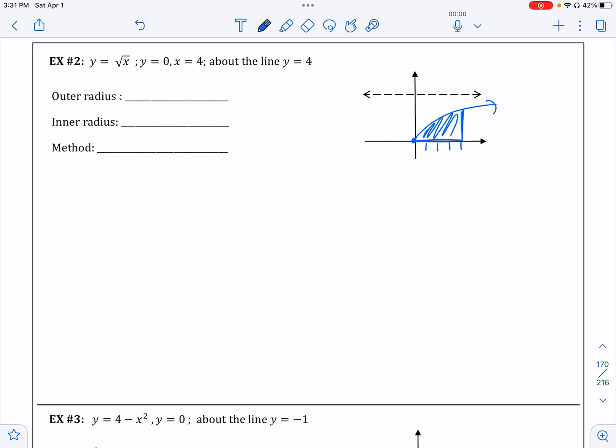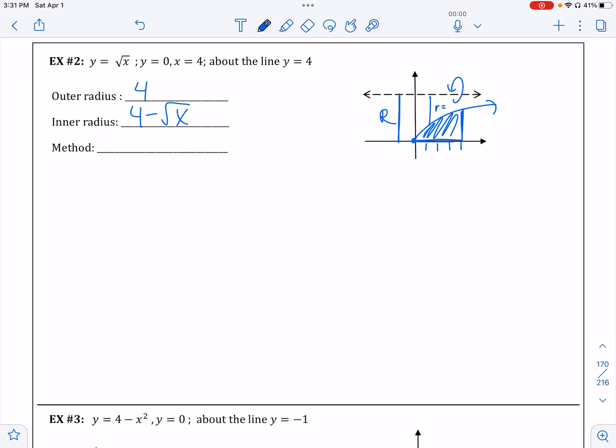So this is the region, and we're revolving this region around this axis. We can tell that the outer radius is just a constant distance of 4, or 4 minus 0, from here to here, and that the inner radius is going to be the longer distance, 4 minus the square root of x.